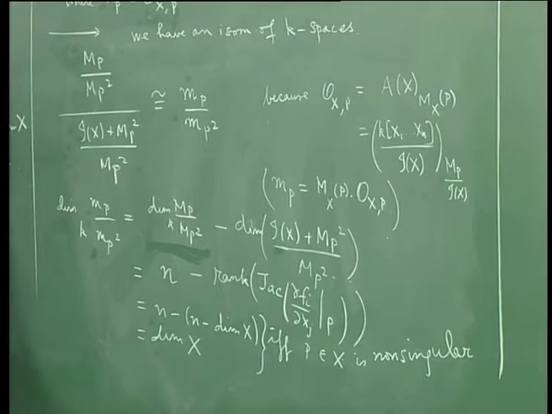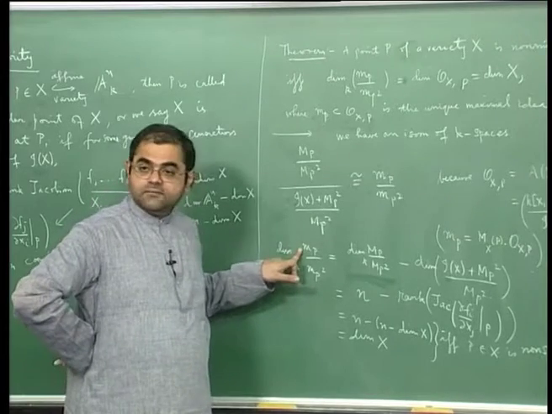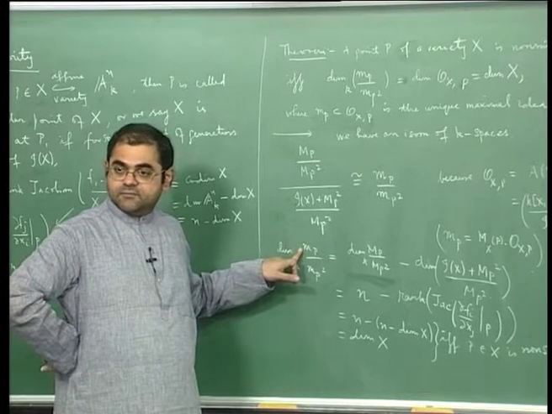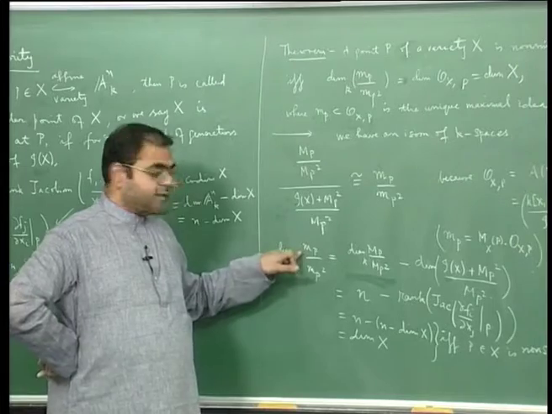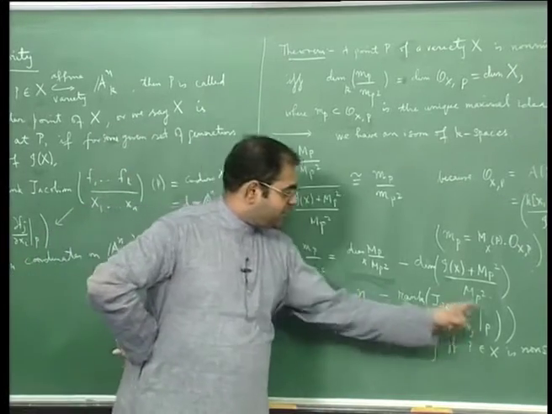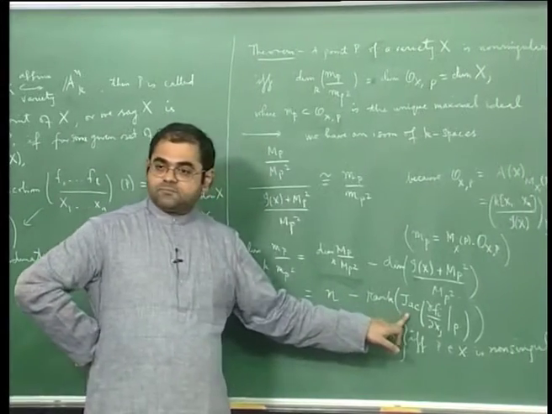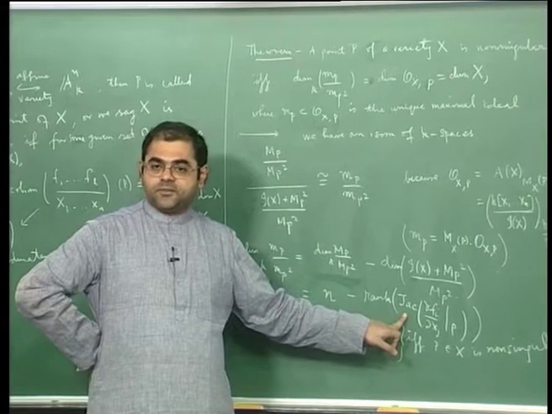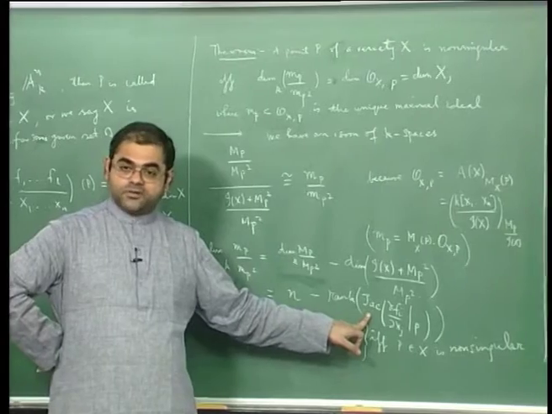In general, if it is not a smooth point, this dimension can go bigger; you can get more tangent vectors, your tangent space can become bigger. If your tangent space becomes bigger, then if you calculate the rank of this Jacobian, that will become smaller, okay, and the point will become a singular point.